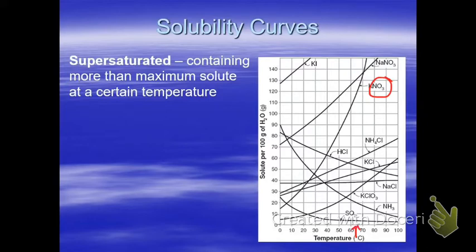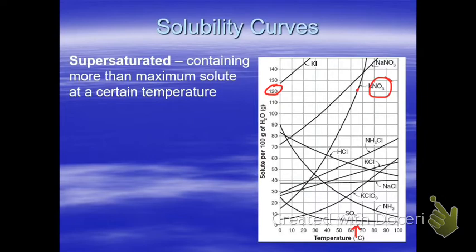If it's at 65 degrees, I'm going to put a dot on that line right there. So a saturated solution of potassium nitrate, if I'm at 65 degrees, means I can dissolve about 120 grams of potassium nitrate.